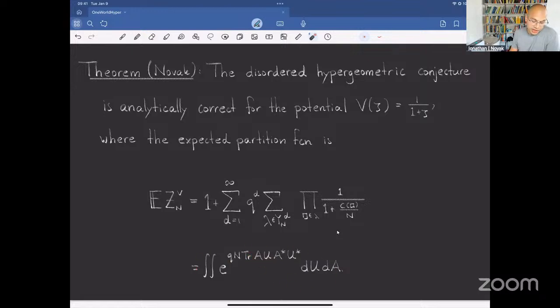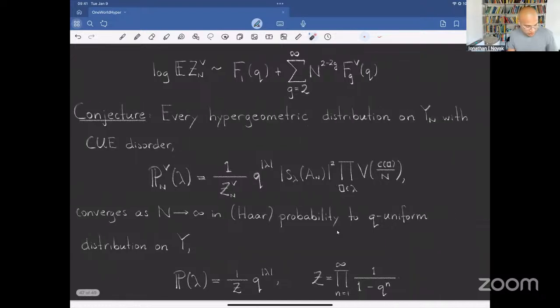This actually does admit a topological expansion starting at genus G equals 1, whose orders are quasi-modular forms.